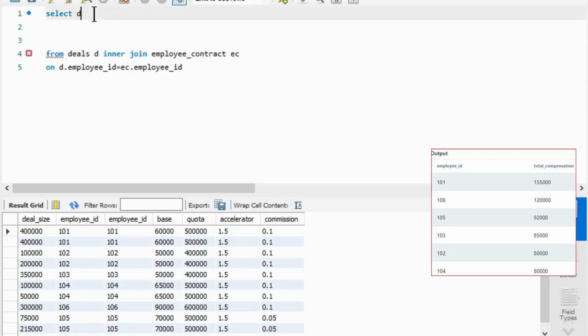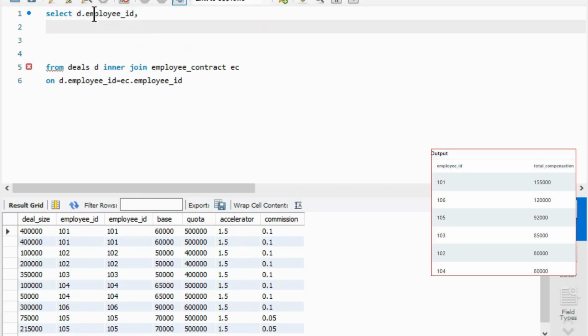First we need employee id, so we take d dot employee id, comma, and case when the sum of the total deal size is less than the quota, then base plus commission into sum of the deal size. This has been given in the question itself, how to calculate.